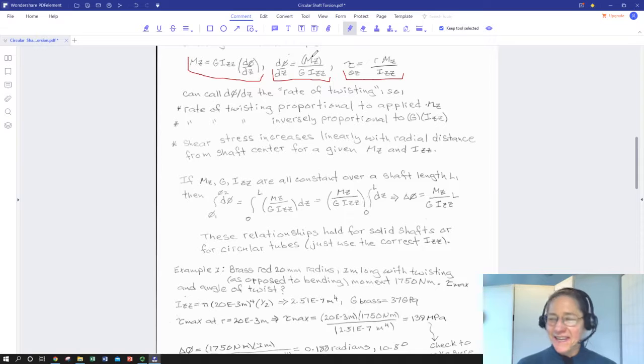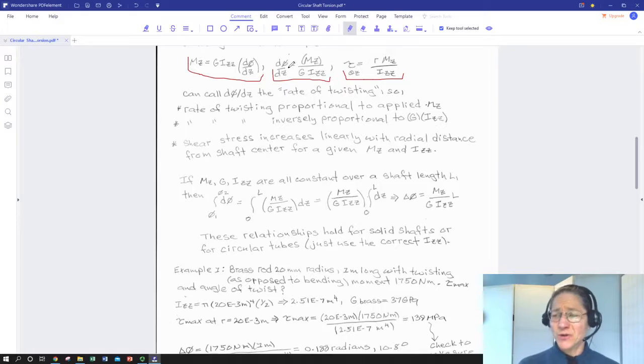If somebody tells you here's how hard we twisted something in terms of our applied torque, here's the shaft radius, shape, length, and material, here's the expected rate of twisting.